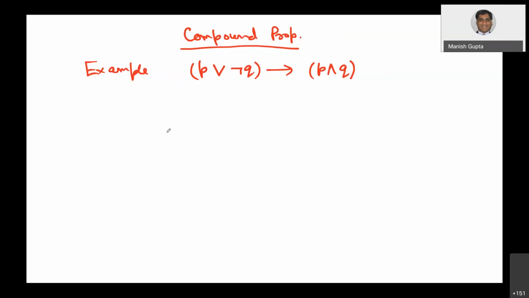So let us look at this compound proposition.